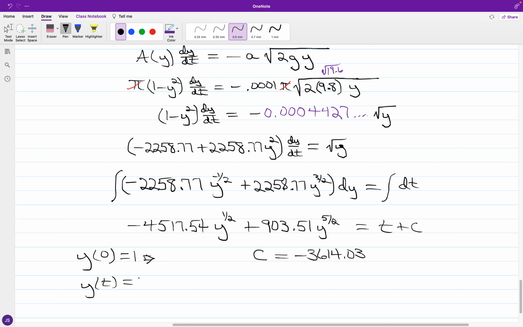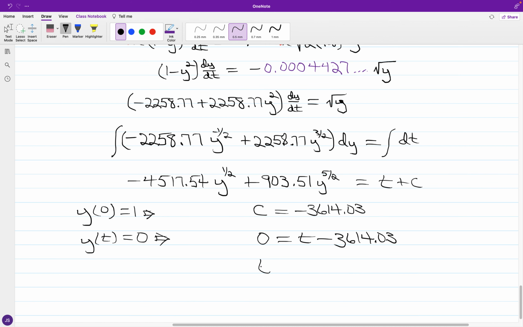And then by the time the tank is empty, y of t is equal to 0. So going back, the liquid level is 0. We have 0 is equal to t plus c, so c is, again, negative 3614.03. For the time span, we have 3614.03 seconds.